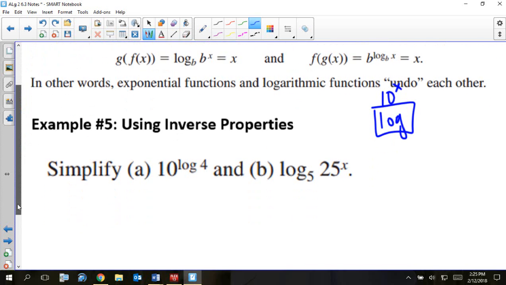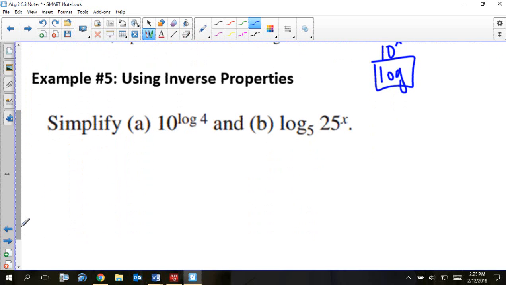So you can simplify this without using your calculator. And you're going to need to know how to do it without the calculator because the next one is base 5. So this is saying 10 to the log base 10 of 4. How do I know that's base 10? Common logarithm.